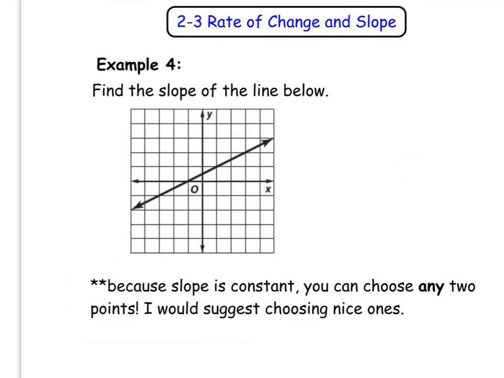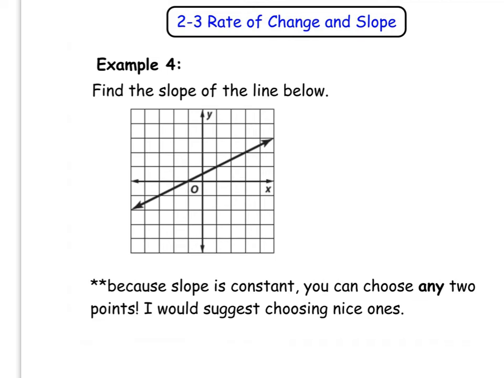All right, the next example, you have a graph this time. Find the slope of the line below. Because graphs of lines have a constant slope, you can choose any 2 points to find the slope. You just have to pick the points off this graph. However, you need to choose nice points. I'm not saying I suggest, I'm saying you have to choose nice points.